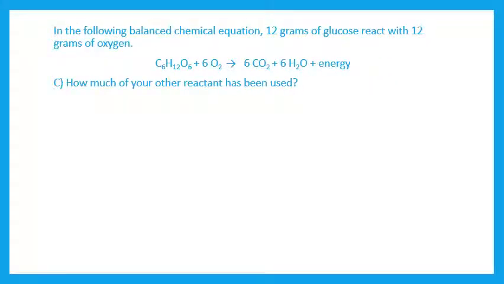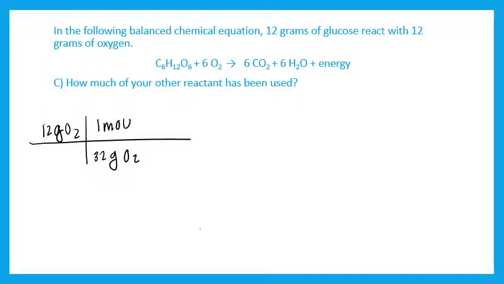So this one, how much of our reactant's been used up? Again, starting with that 12 grams of O2. That's always where we're going to start. Then we're going to use our mole ratio. And so there's nothing saying that we have to only go from reactant to product.